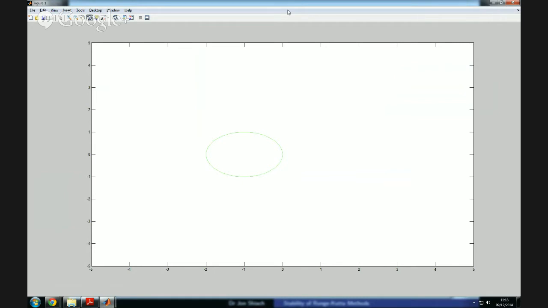Notice MATLAB isn't as good as MATLAB for doing this sort of plot. Oh, sorry, who's speaking? You said MATLAB is not as good as MATLAB for this type of plot. Sorry?